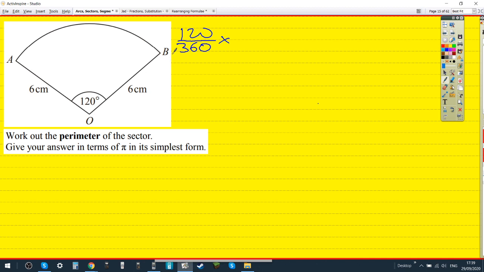Okay. So then you times it by pi. Times by circumference. Circumference of a circle. So the circumference of a circle, it's 2 times pi times radius. Okay. Yeah, okay. And so, what's the radius? The radius of that is, is it 6?